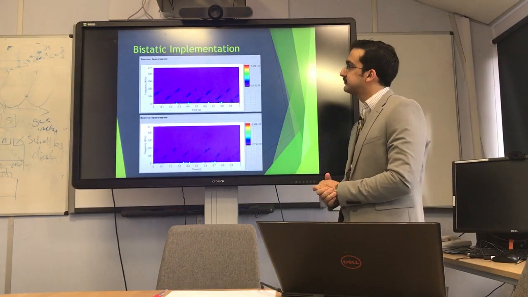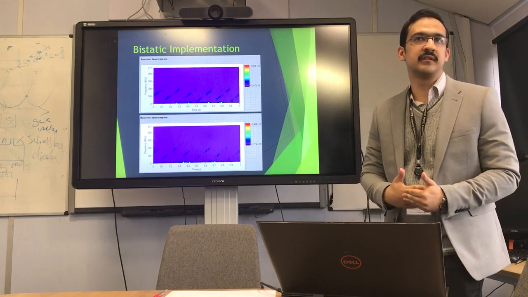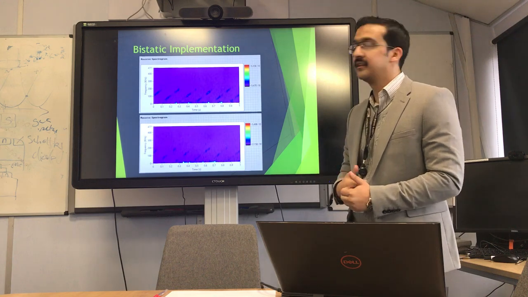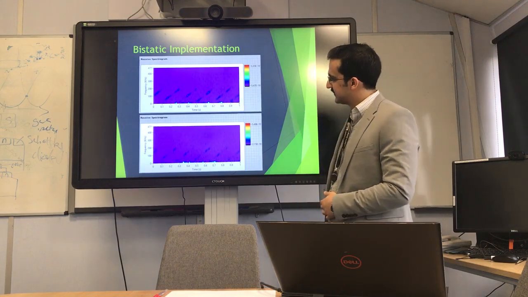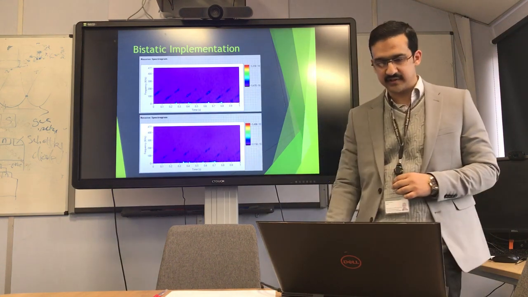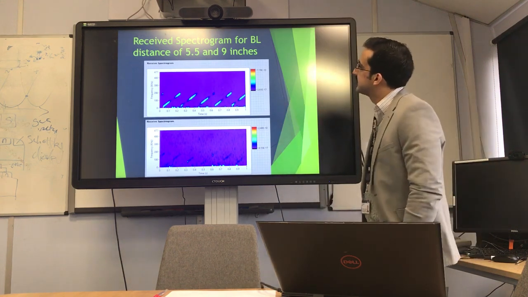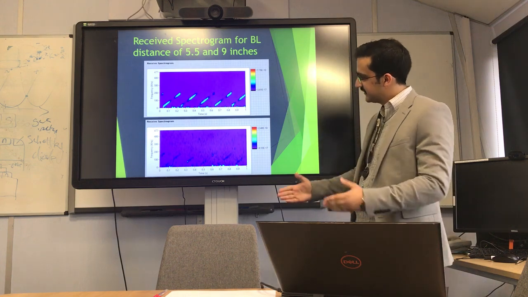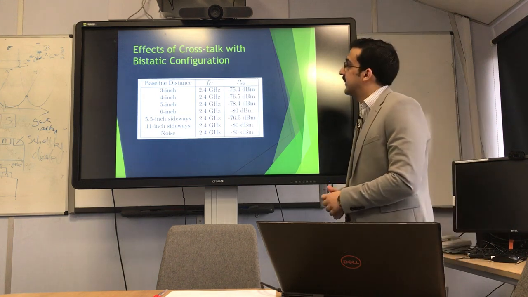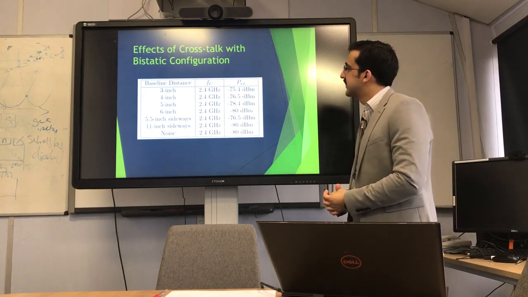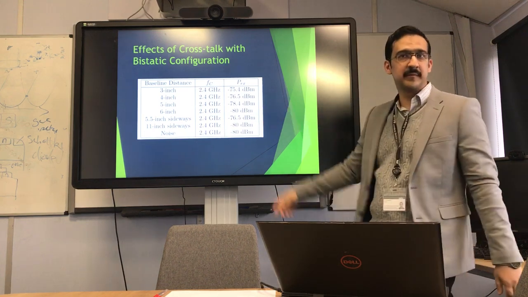So what's the solution? If you want to implement FMCW radar on USRPs, it's better to implement it with a bistatic configuration. You can see that the crosstalk is fading away. This is for bistatic baseline distances of 5.5 and then 9 inches. And this table shows the received power corresponding to different distances, for the USRP 2922.